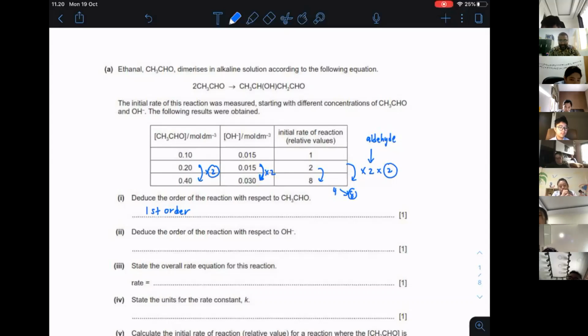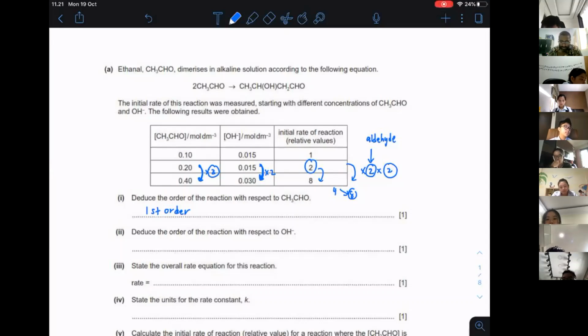So Lavi, what can you say about the order of the reaction of OH? Can you see the part that we learned last time? When this one is involving both of them, and I know that aldehyde is first order. When the aldehyde is first order and this is double, of course this one is going to be double. It means 2 times 2, I supposed to get 4 only.